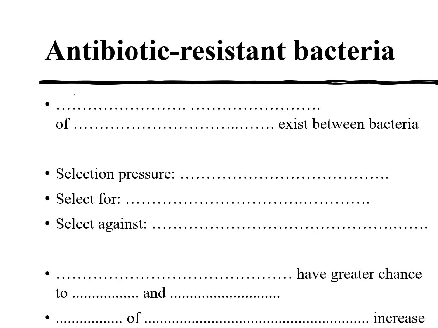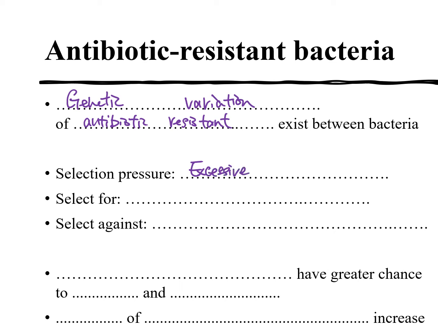To explain natural selection, there is genetic variation of antibiotic resistance that exists among the bacteria. Now the selection pressure is the excessive use of antibiotics.